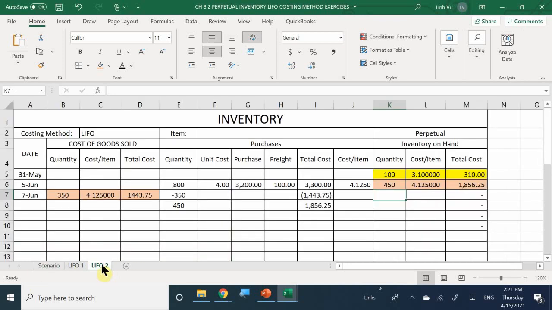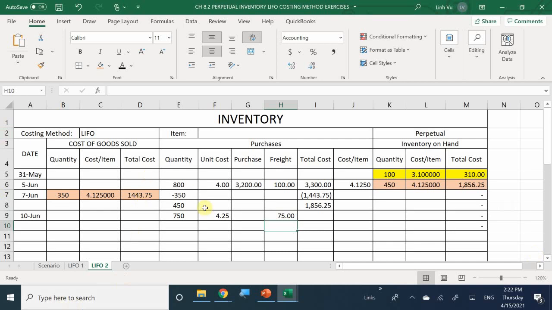Let me see. So we need to go here. It is now June 10th. We purchased 750 at 425 with a freight of 75.